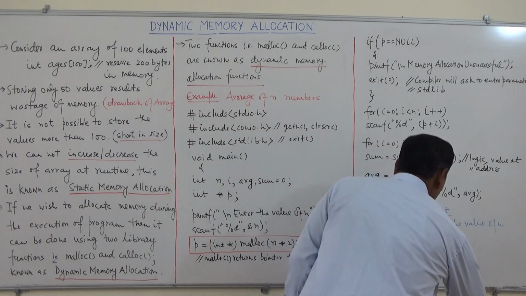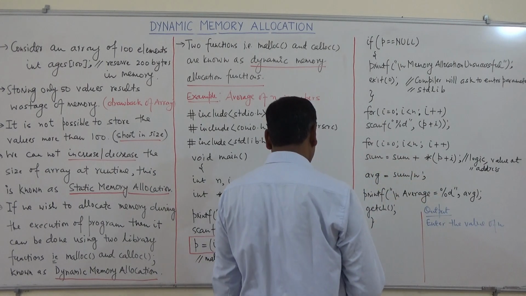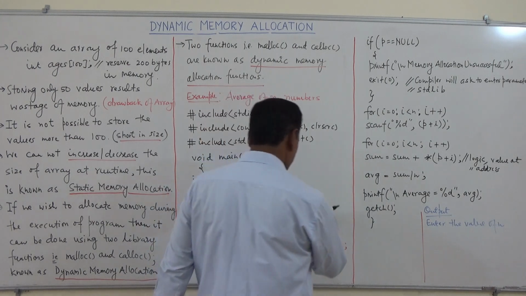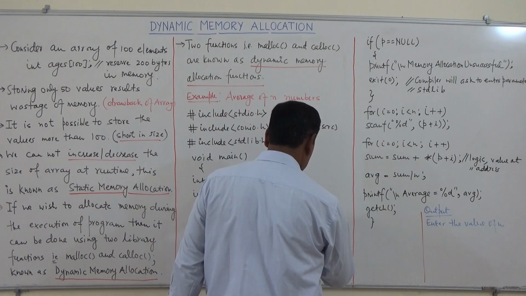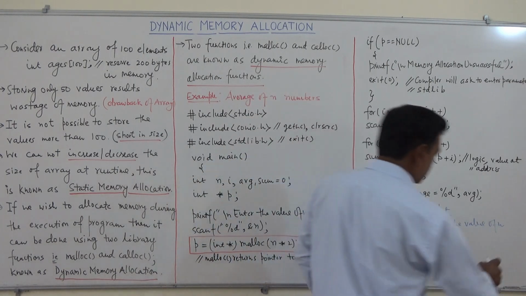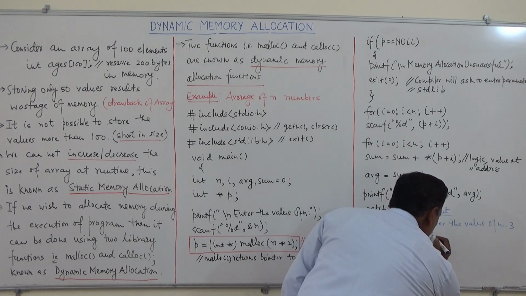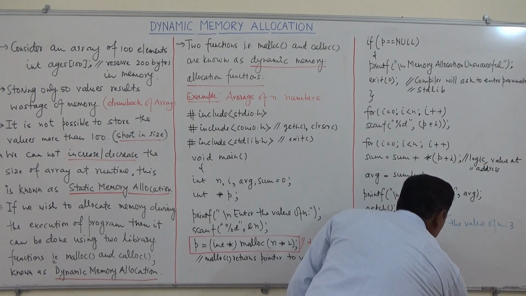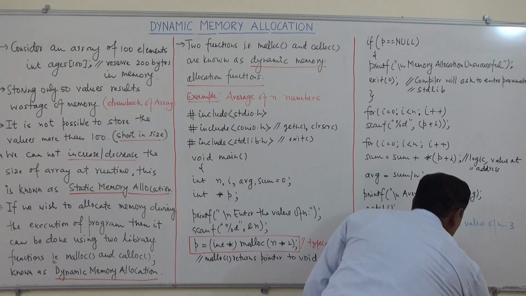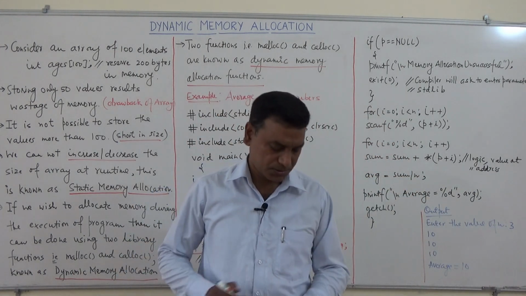Suppose we enter the value 3, so we can put a colon here. So this is 3, and the values are 10, 10, and then 10. So the average will be 10. So this is the output.